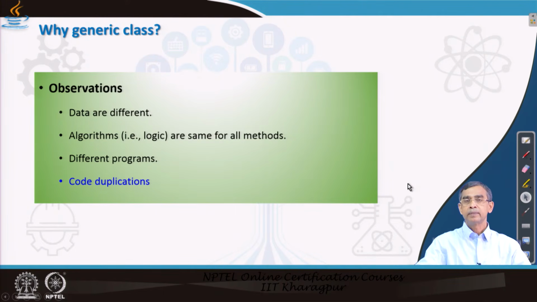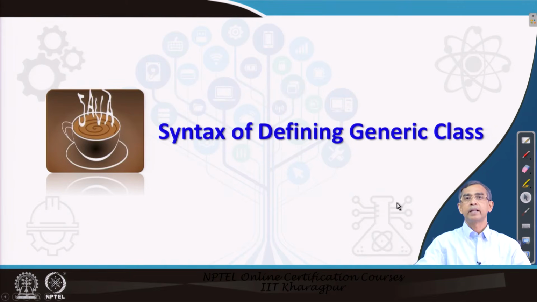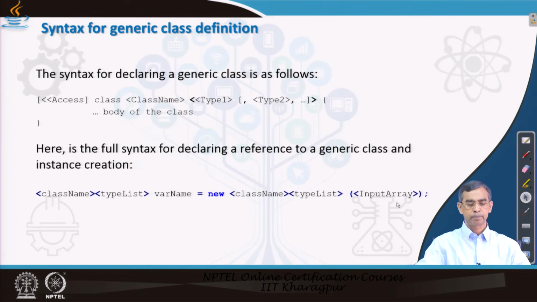If the types are different, but the logics are the same, then we should not go for writing different programs, rather we can avoid code duplication. Now, here is the idea of how a class, that means a program, can be made generic so that it can take care of any type of data to run.